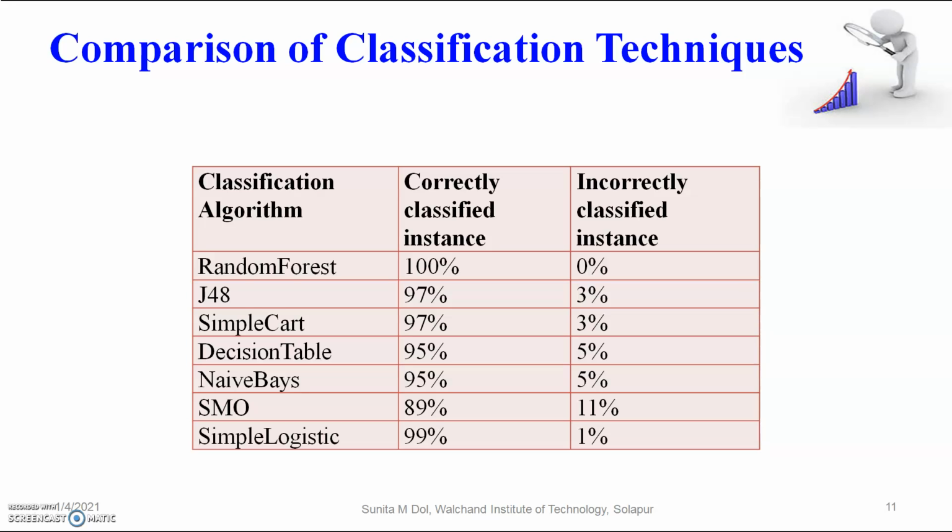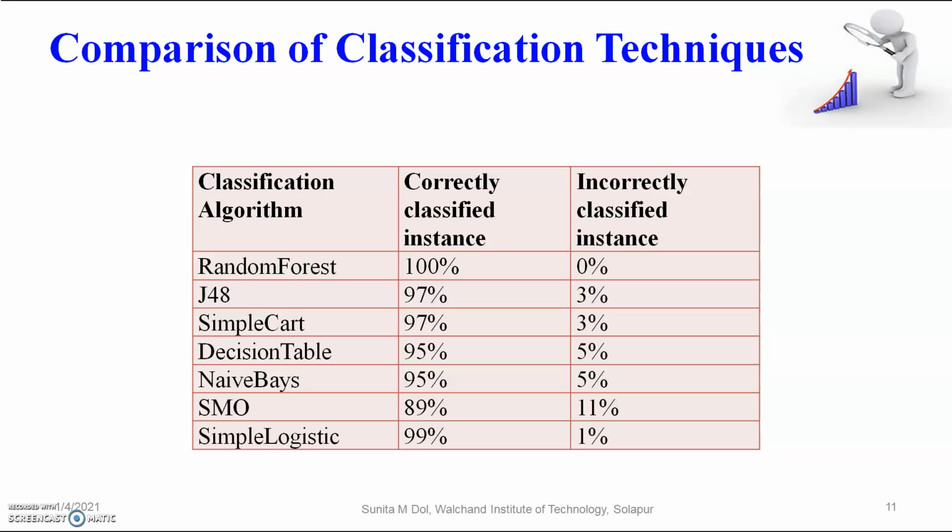The result of applying various classification algorithms on the training set using WEKA is shown here. Here, results of various classification algorithms like random forest, J48, simple cart, decision table, Naive Bayes, SMO and simple logistic are compared.